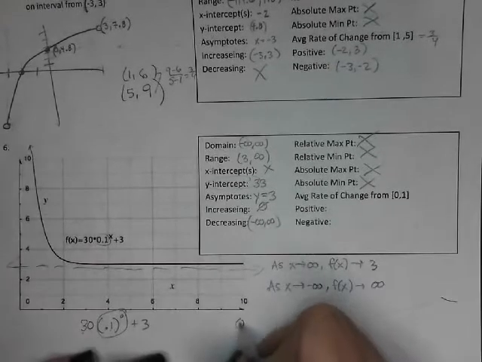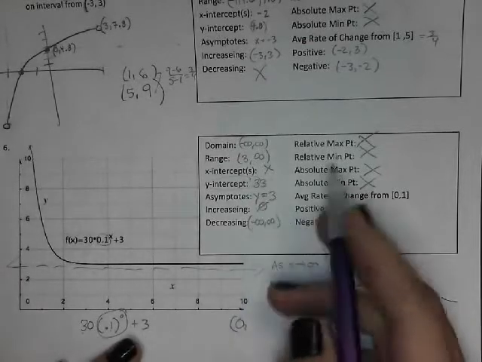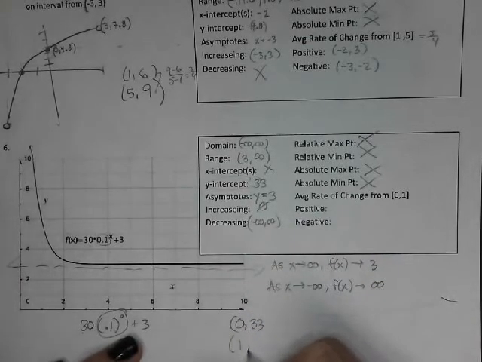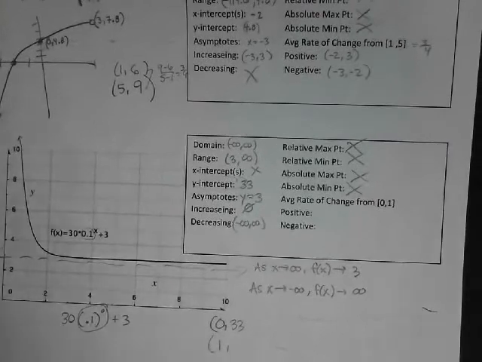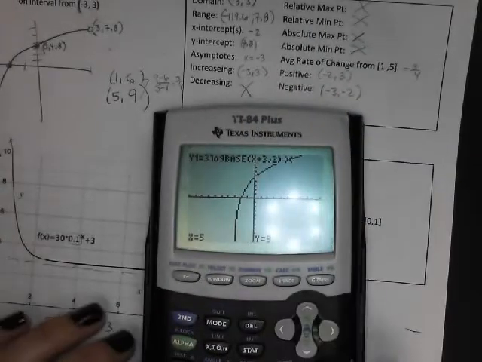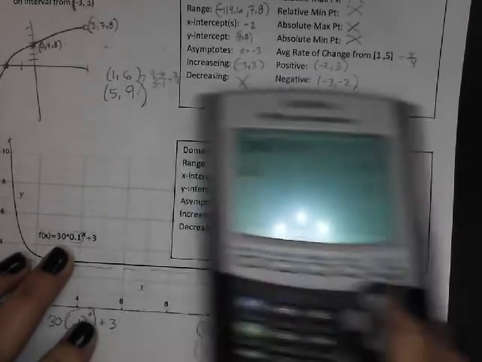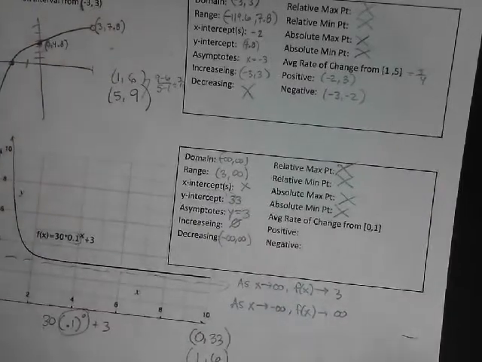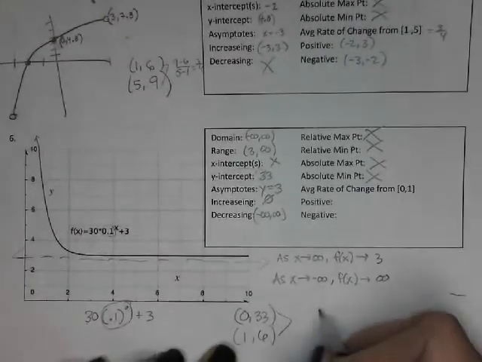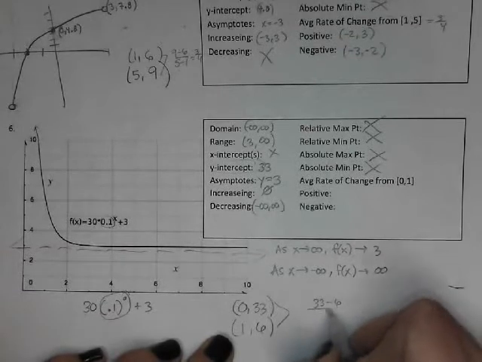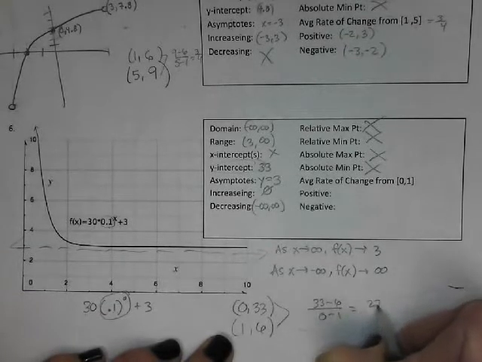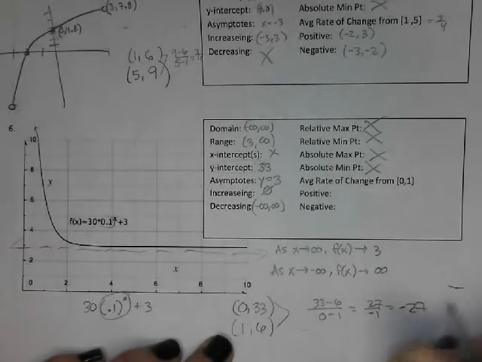From 0 to 1, so we've got 0 comma, we already know that, that's the y-intercept, to 1 comma, let's see what that is. We plug in 1, 30 times 0.1 to the first plus 3, we get 6. So the average rate of change, 33 minus 6 over 0 minus 1, that's 27 over negative 1, negative 27.